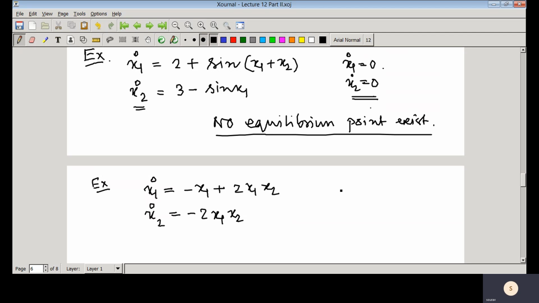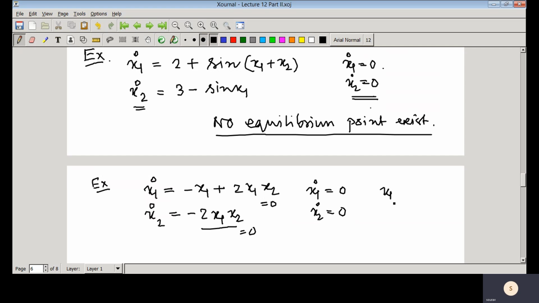So for the equilibrium point, what I need to do is put x1 dot equal to 0 and x2 dot equal to 0. Whenever you put x1 dot equal to 0, and x2 dot equal to 0, this term is equal to 0.